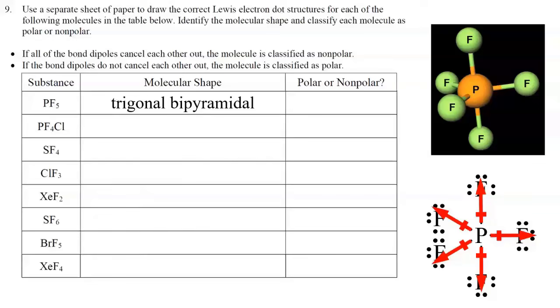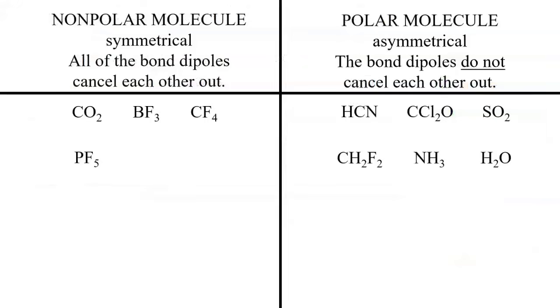Now, there are 2 more additional atoms of fluorine, but one is above the plane and the other is below the plane, and they're pointing in opposite directions for the bond dipoles. So based on the symmetry of this molecule, all 5 of these phosphorus fluorine bond dipoles will cancel each other out. So the PF5 molecule is classified as nonpolar.